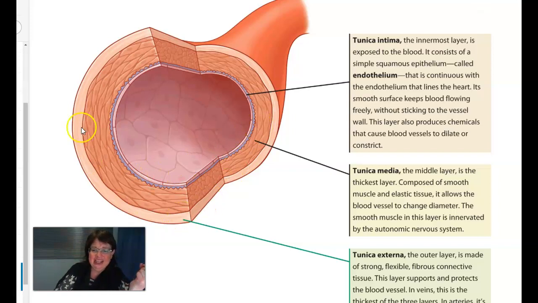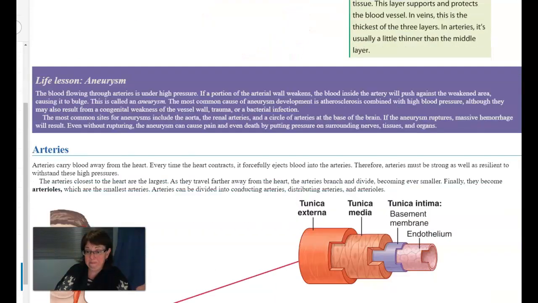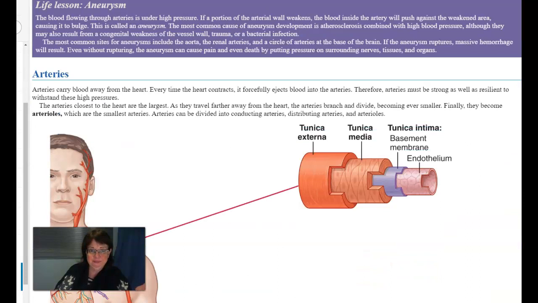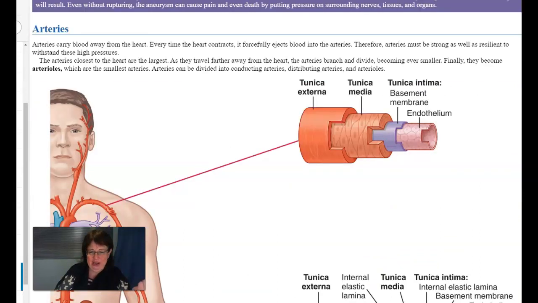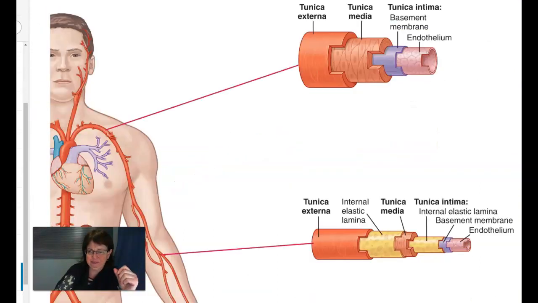Then you have the external layer, which is strong but flexible connective tissue, and it's there to support the vessel and also to anchor it to other things. Good. Arteries take blood away, as you mentioned. And I just want you to be aware that as the artery gets smaller, the muscle layer will get a little smaller.